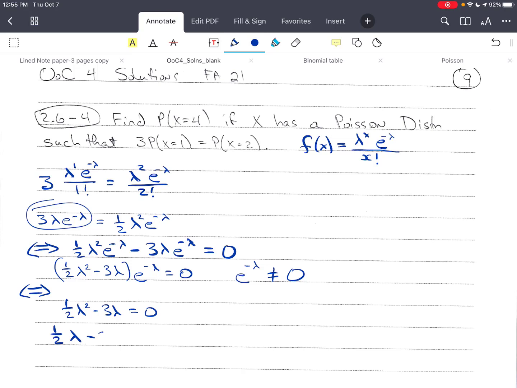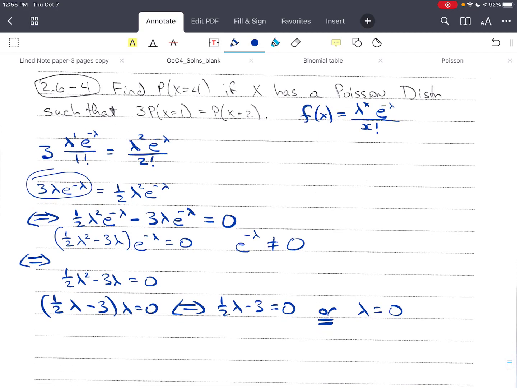So we have 1/2 lambda minus 3 times lambda equals 0. So this is true if 1/2 lambda minus 3 is equal to 0 or lambda is equal to 0. Well, lambda cannot be equal to 0. Lambda is always greater than 0. That is our requirement for lambda. So that implies that 1/2 lambda is equal to 3, so lambda is equal to 6.